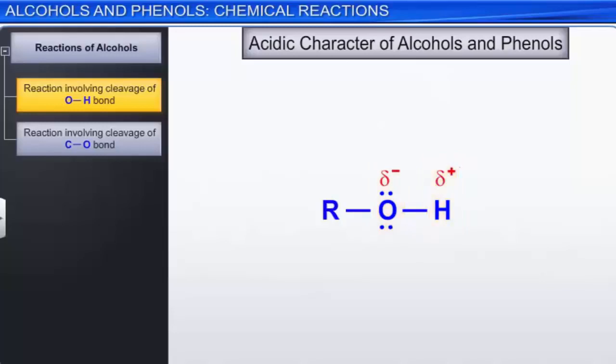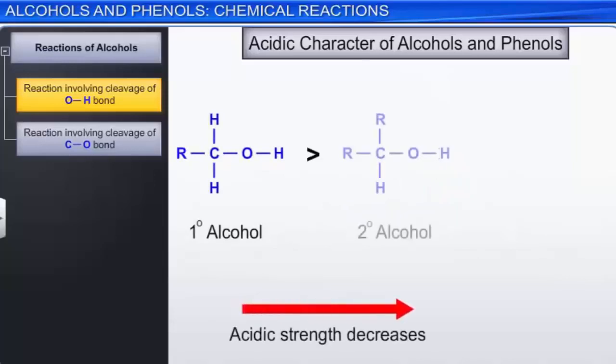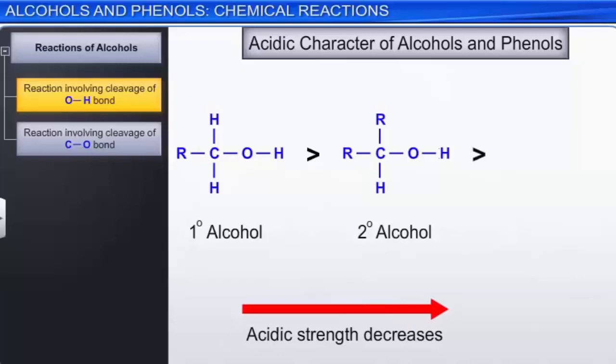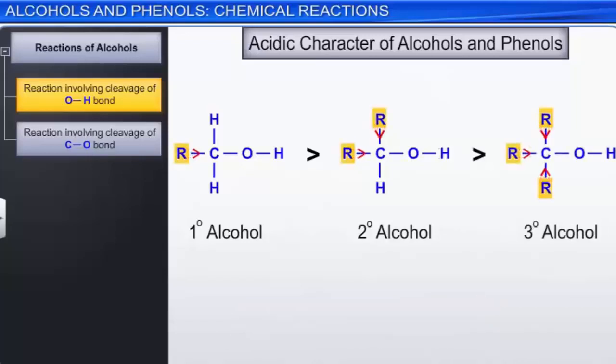Let us now understand why primary alcohols are more acidic than secondary alcohols, which in turn are more acidic than tertiary alcohols. The presence of alkyl groups in alcohols increases the electron density around oxygen by the inductive effect. As alkyl groups donate electron density to the oxygen, the oxygen-hydrogen bond becomes less polar.